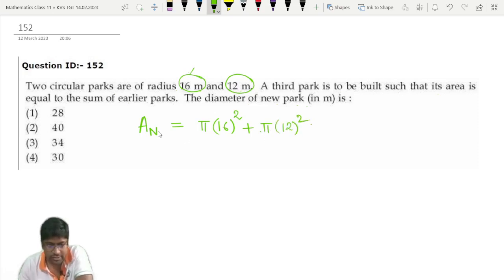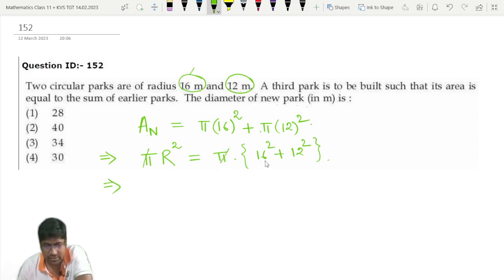If the radius of the new park is capital R, then its area is pi R square, which equals pi times 16 square plus 12 square. Pi cancels on both sides, so R square is equal to 16 square plus 12 square.